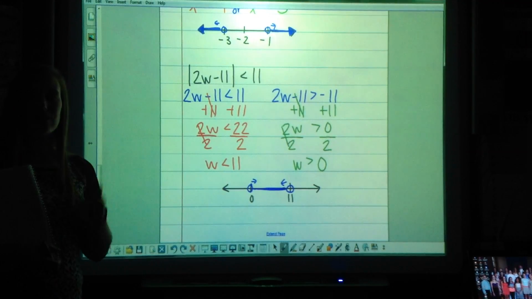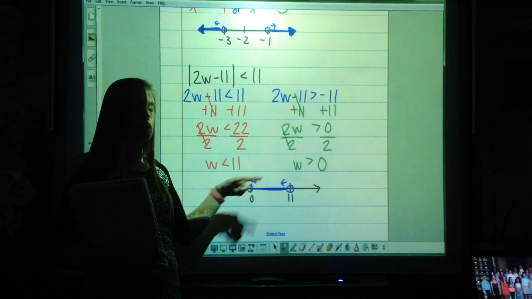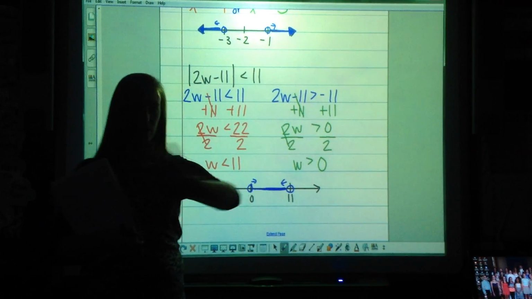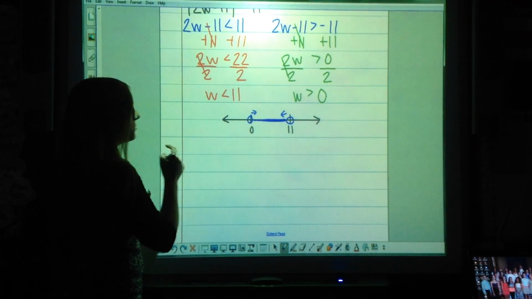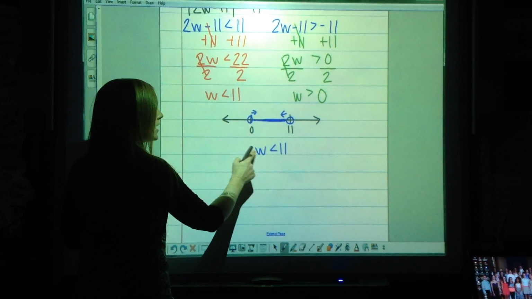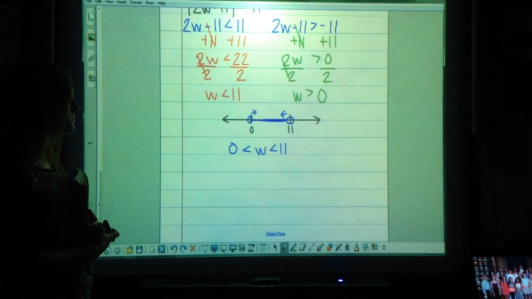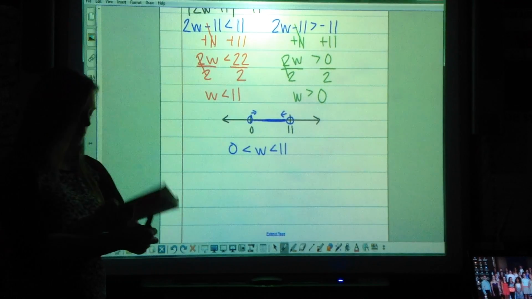To write my final inequality, I cannot simply write the word and in between here like I did before. You're going to have to combine these two inequalities into one long inequality. So I have w is less than 11, and I also have w is greater than 0. The graph and this inequality are our answer.